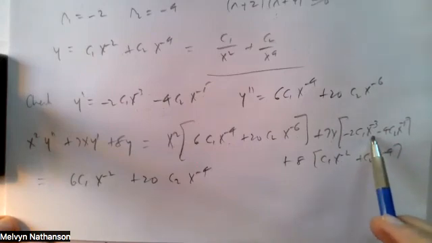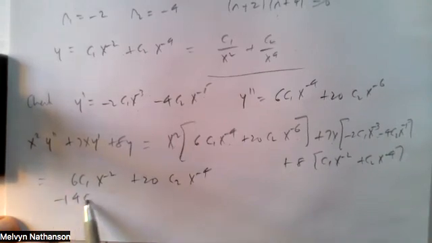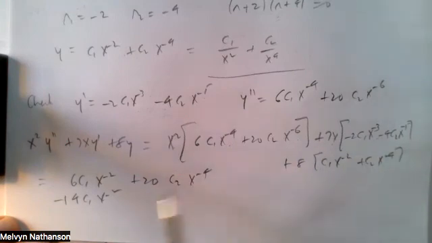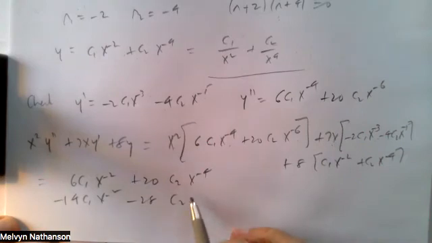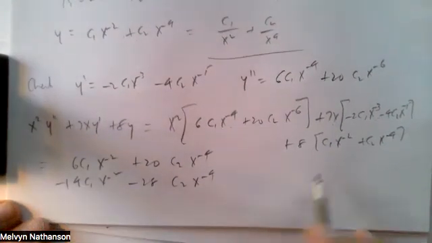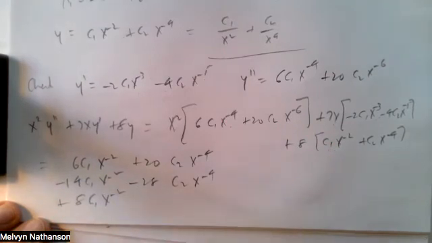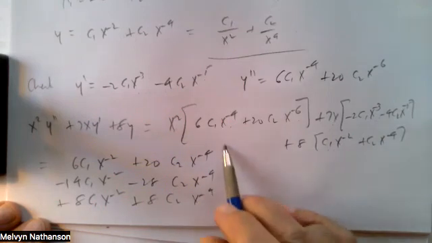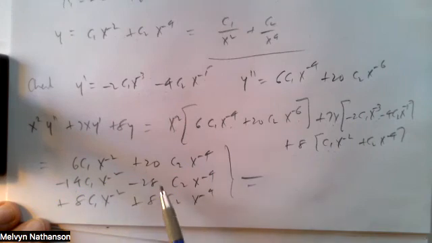X times x to the -3 is x to the -2, so this is -14 C1 x to the -2. 7 times 4 is 28, minus 28 C2 x to the -4, plus 8 C1 x to the -2, plus 8 C2 x to the -4. 6 and 8 are 14, minus 14 is 0. 20 plus 8 is 28, minus 28 is 0.